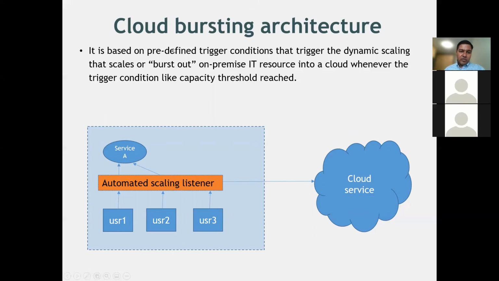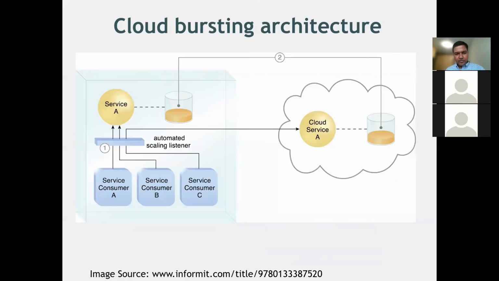So that's why it's a burst out. It helps in triggering the dynamic scaling. And when the load is not there, the services will be served by the on-premise system. So you can see when the load goes up on-premise, the service will be directed to the cloud.